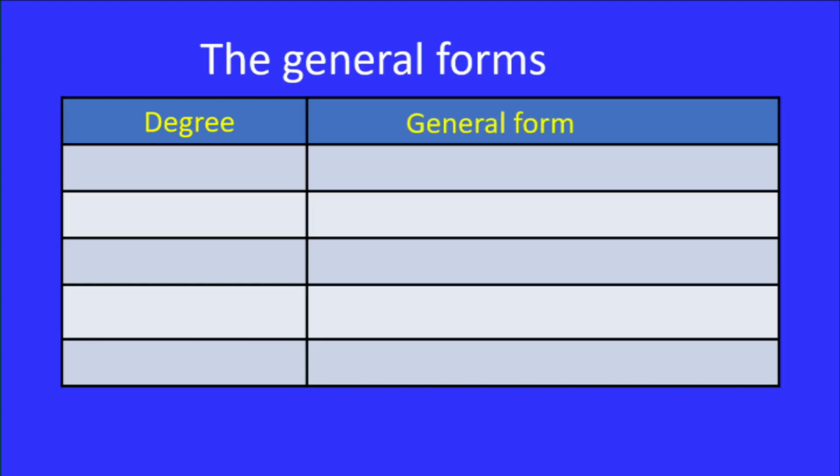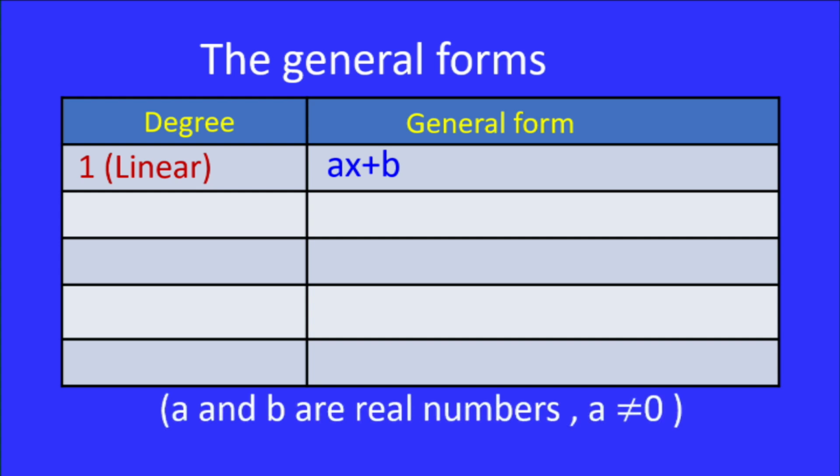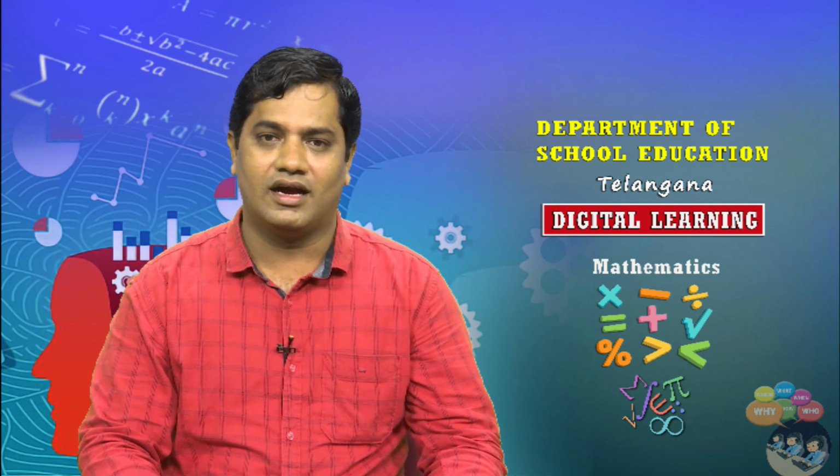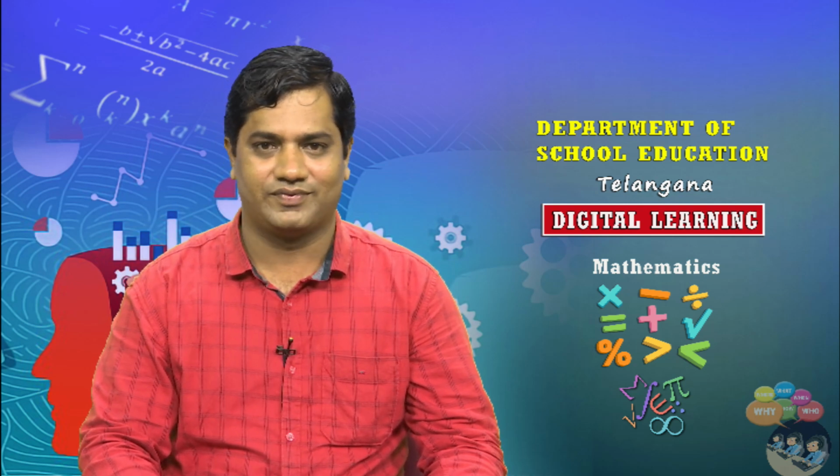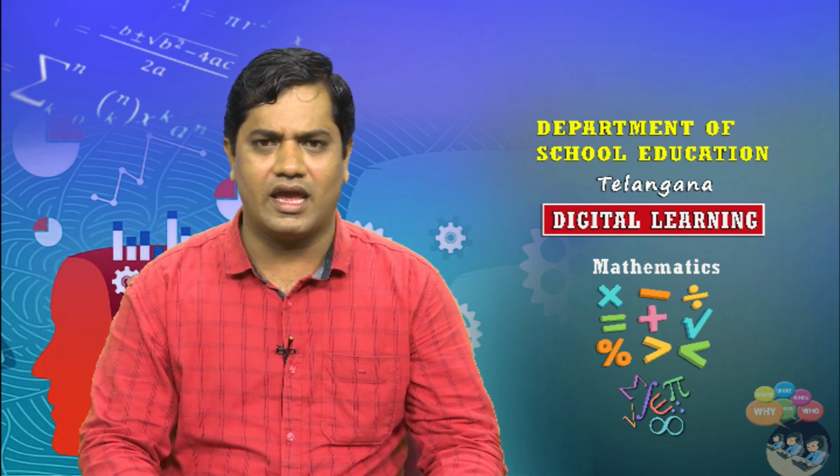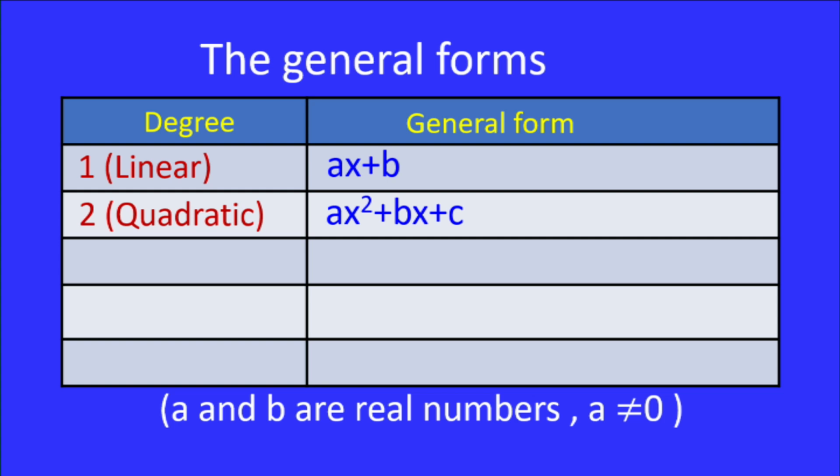Now degree and general forms, just have a glance. First one, linear polynomial: ax plus b, where a and b are any real numbers. Here a should not equal 0. Now go to second degree, that is quadratic polynomial, and try to write the general form. Any type of coefficients we can take here.